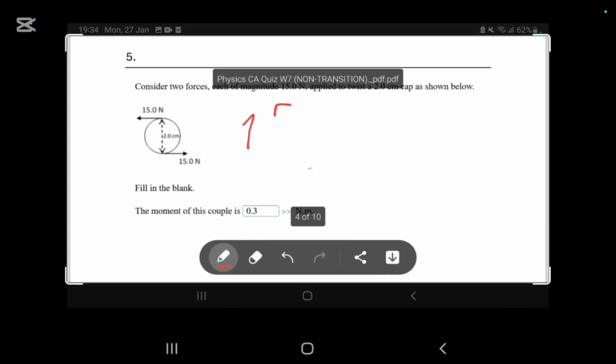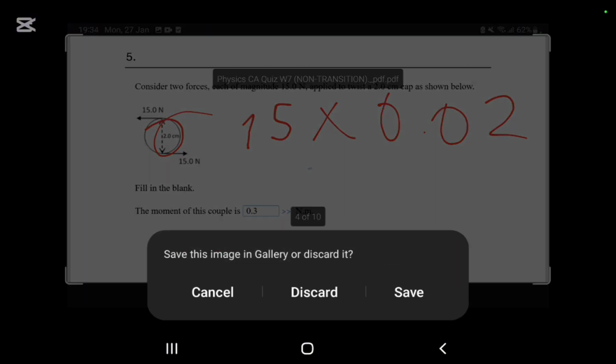So 15 times 2 centimeters, which is 0.02 meters, which will give us 0.3. So 15 times 0.02 is 0.3.